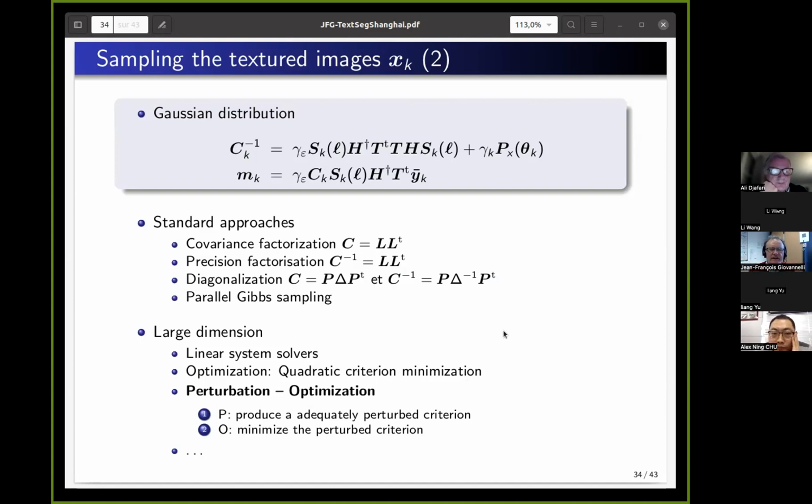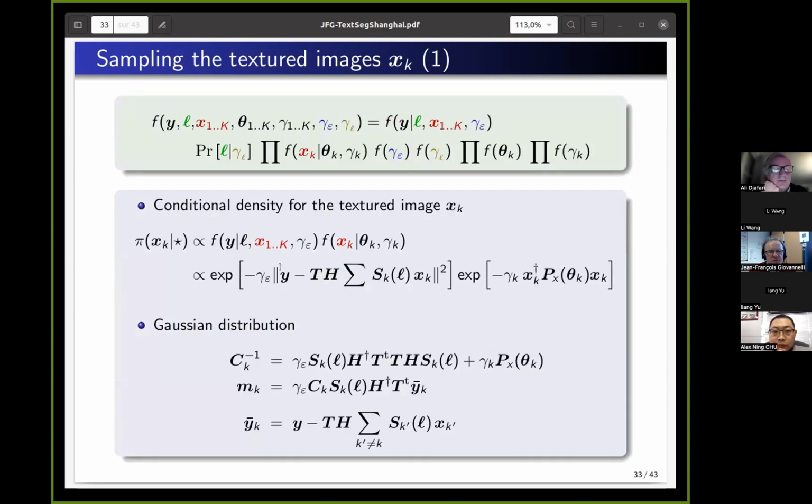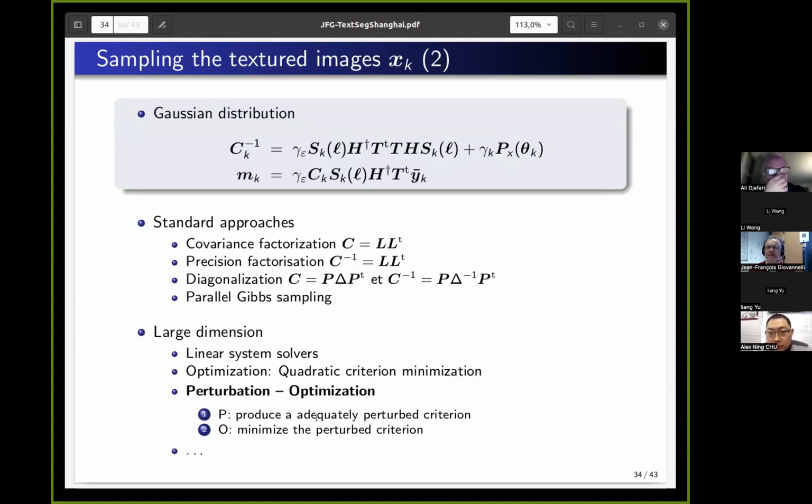In fact, it is a consideration of this criterion and introducing a perturbation including noise or including realization of the prior model to build a criterion so that the minimum of the criterion is a sample of the Gaussian with the correct mean and correct covariance.